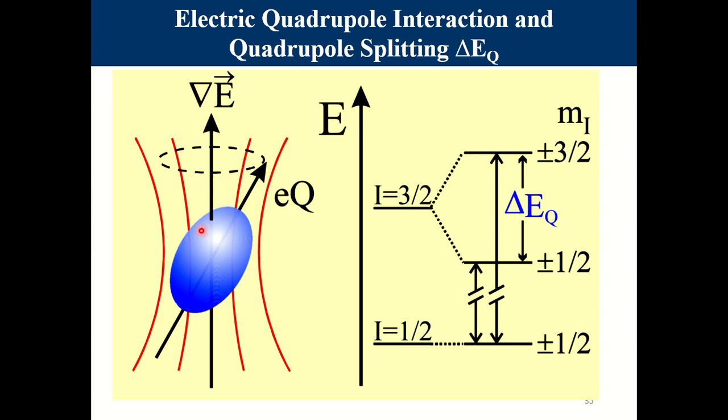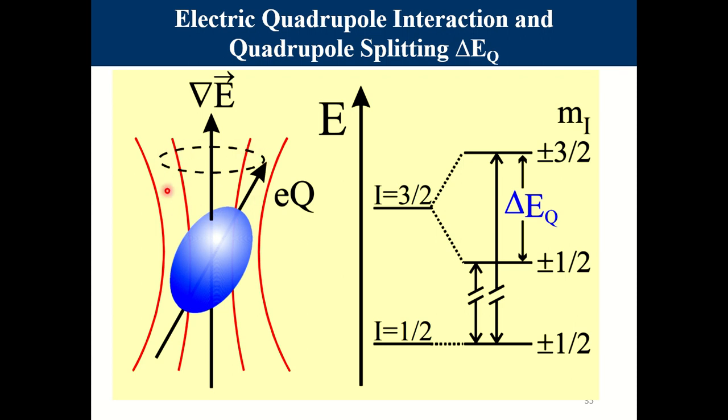So because of the interaction with the quadrupole moment of this nucleus, the quadrupole moment vector will take up a certain orientation at a particular angle, tilted along a particular direction, and then this vector will start moving along this circle.